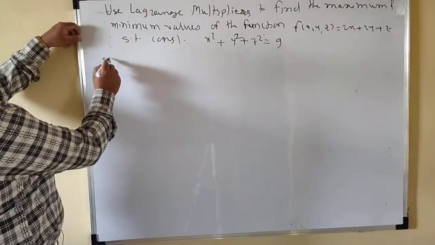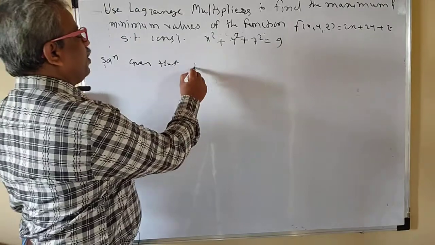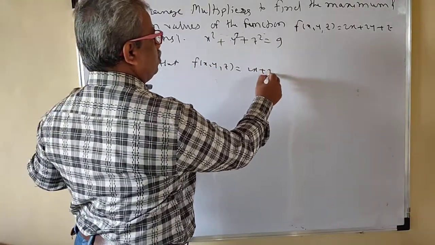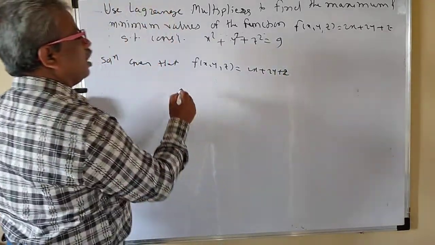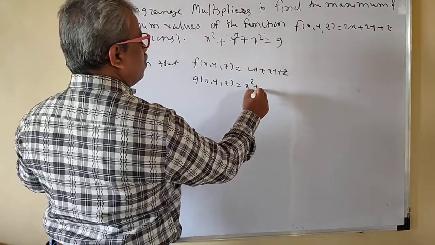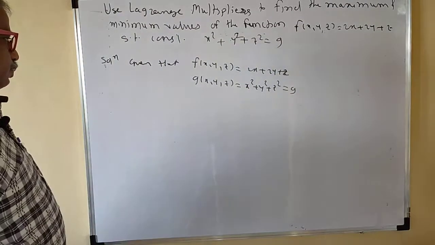Okay, solution. Given that f of x, y, z is equal to twice x plus twice y plus z, and g of x, y, z is equal to x square plus y square plus z square is equal to 9.